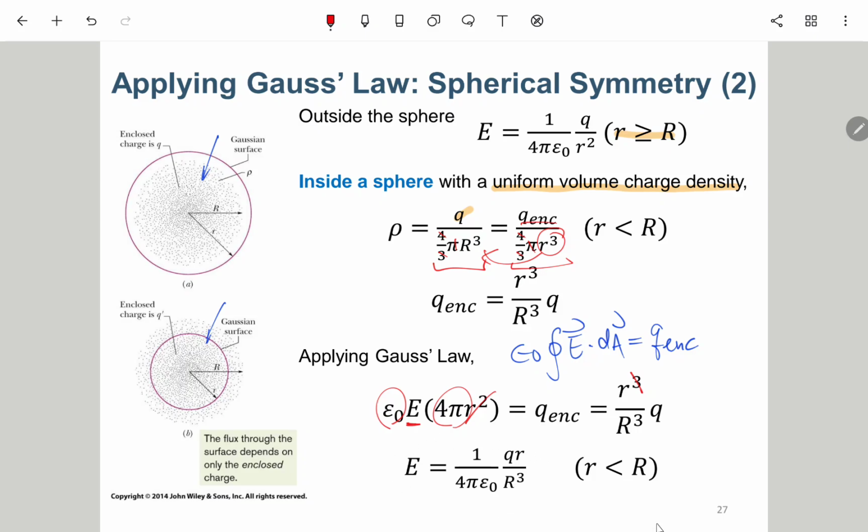So here is the expression of the E field generated by this sphere where r is smaller than capital R, which means the E field inside this sphere. And a quick observation is that this E field is proportional to the distance from the center.